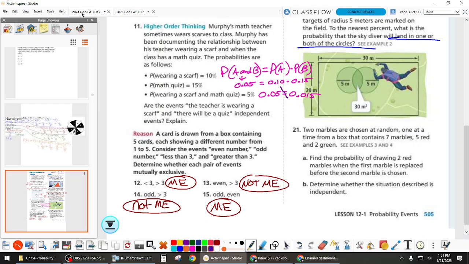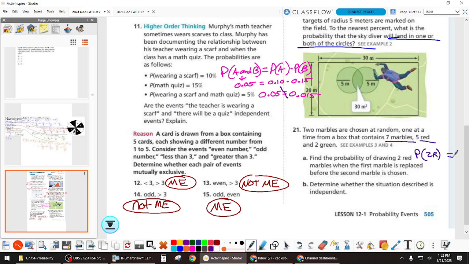All right, 21 asks a similar question, but let's do the probability first. So we have 7 marbles, 5 are red. What's the probability of drawing 2 red marbles? When we put the marble back, that's what changes this a little bit. So probability of 2 red, is this independent? We kind of need to know part B before we do part A, don't we?